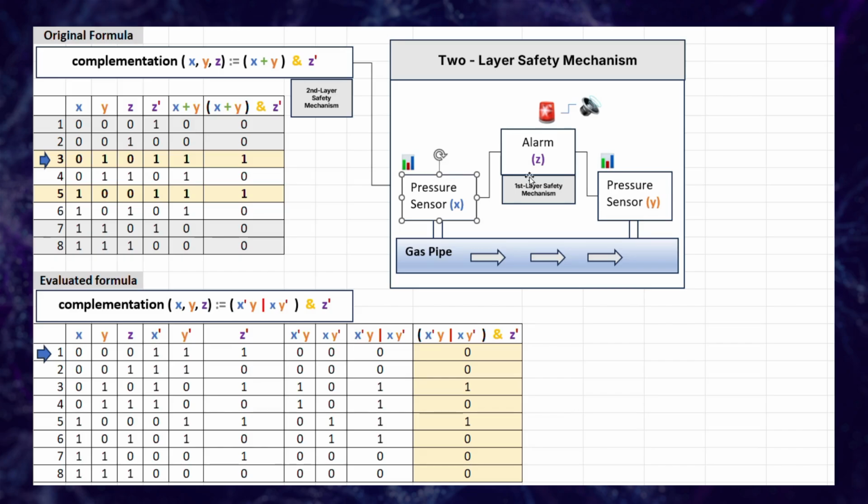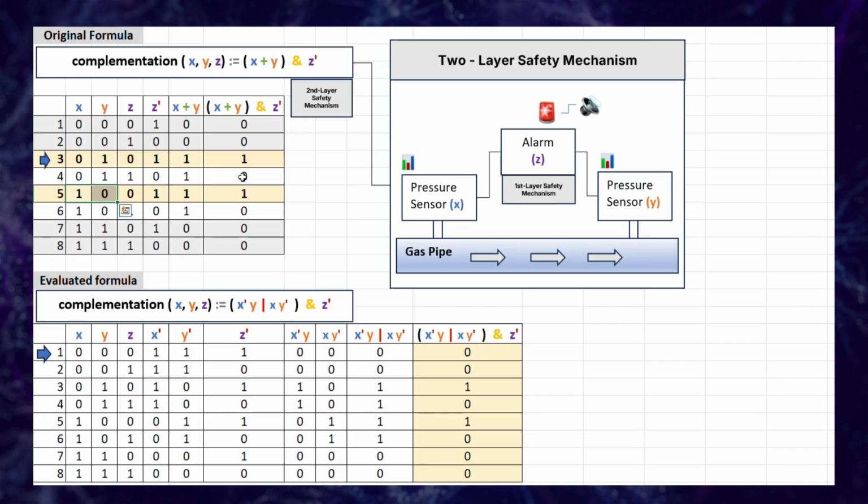If both of them are low, it's fine. Here both of them are low, so it doesn't care. Both of them are high, it doesn't care. It only cares in this area where x and y are not the same: one is extremely high or one is extremely low.